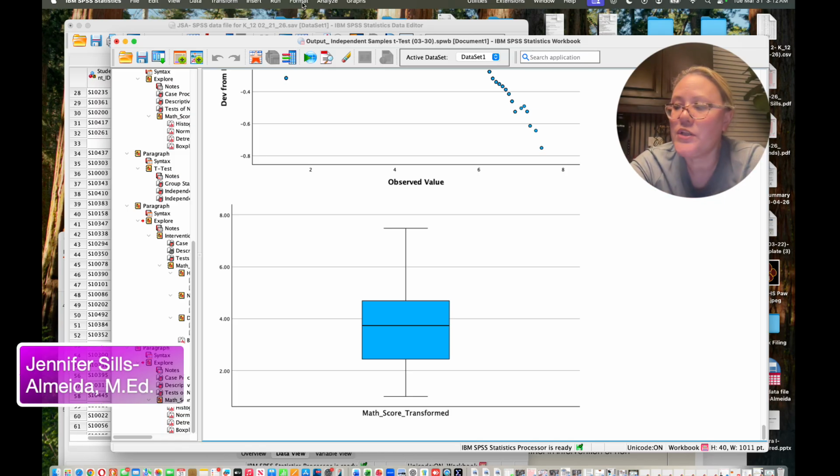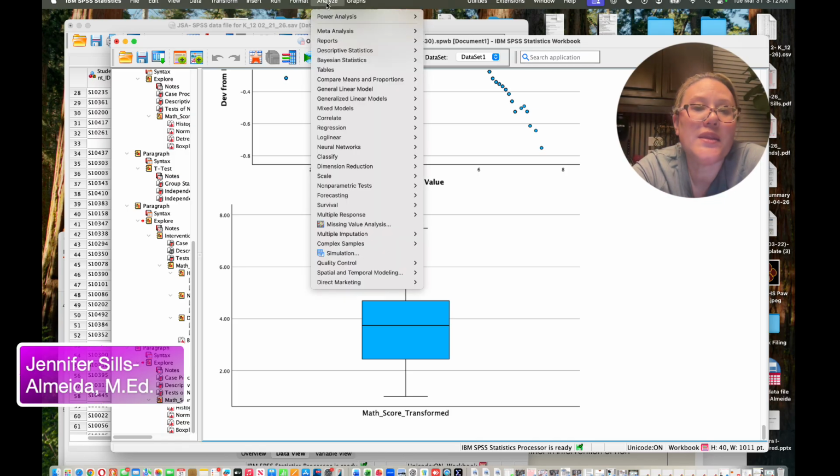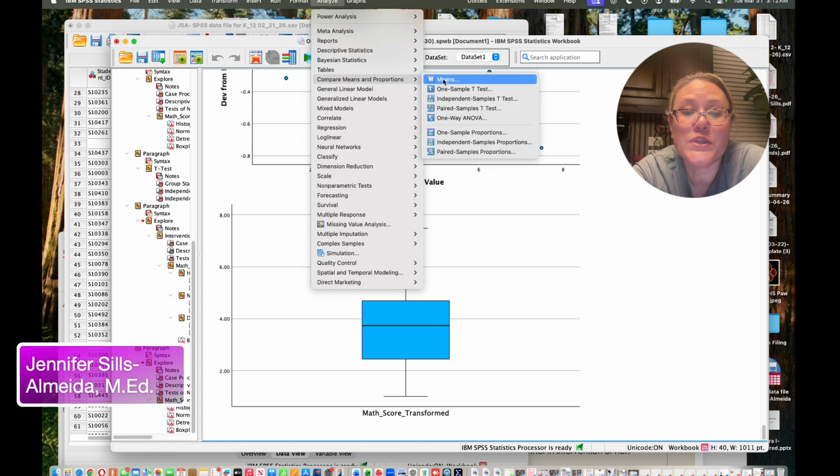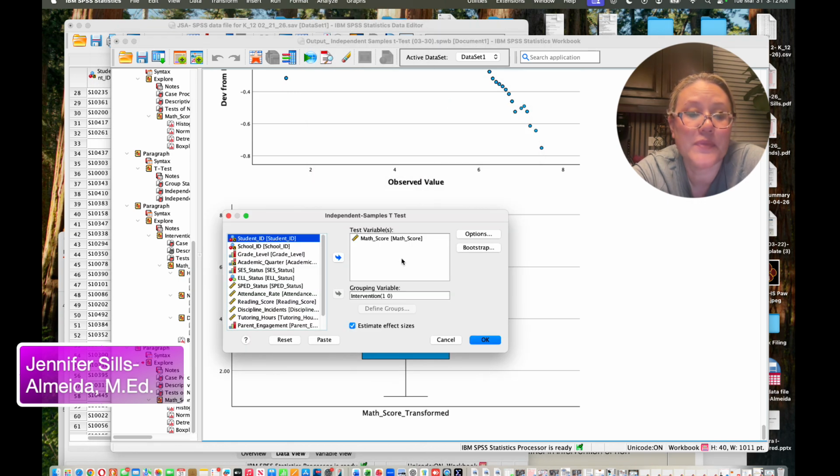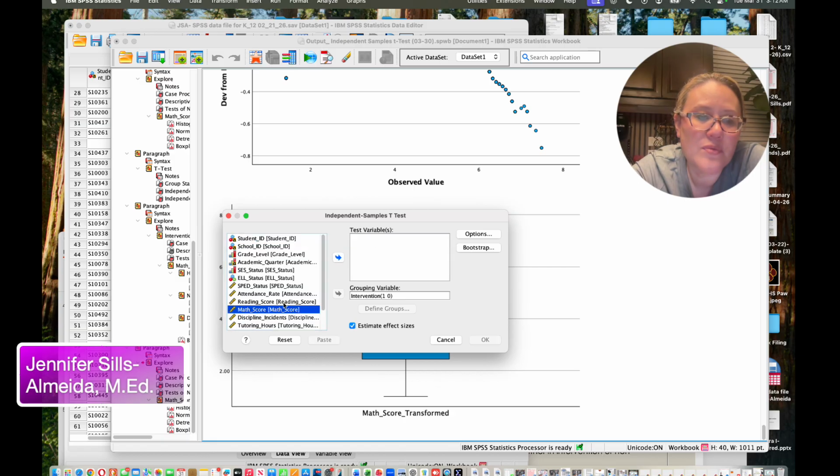In order to do so, we go to Analyze, then Compare Means and Proportions, and we do the Independent Samples T-Test. For this one, we are first of all going to want to look at the math scores. Let me just put this back. Now this will be the regular math scores, right? So let's go back over here. We'll put that in there.